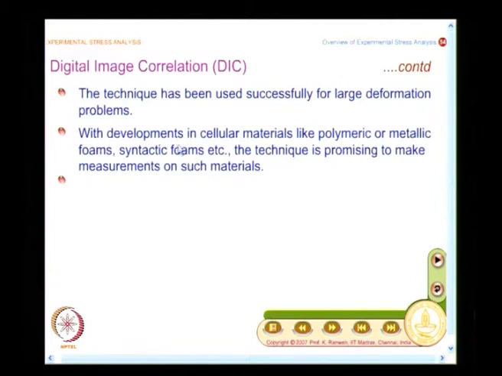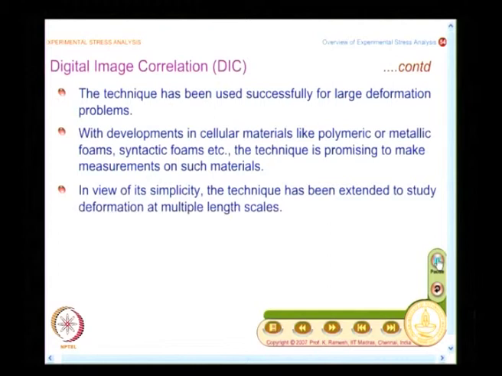Even to find out the material property, they cannot do a conventional test, and they depend on digital image correlation to find out even the material properties. So, the development of new materials has forced also the development of newer techniques for data gathering and interpretation.